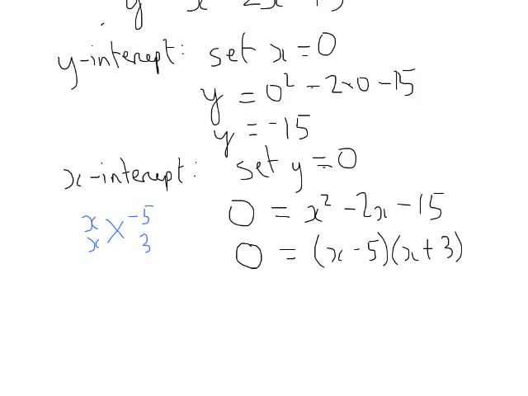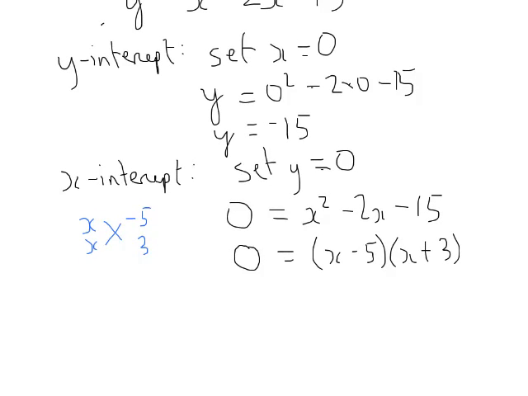What we're going to find is that either x minus 5 equals 0, which means x will be equal to 5, or x plus 3 equals 0, which means x will be equal to -3.